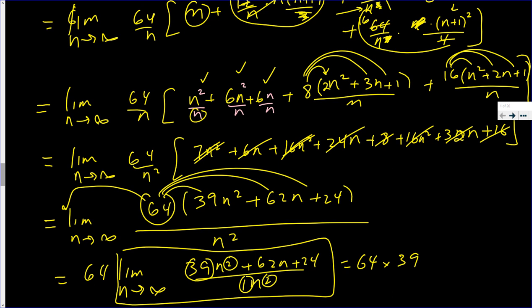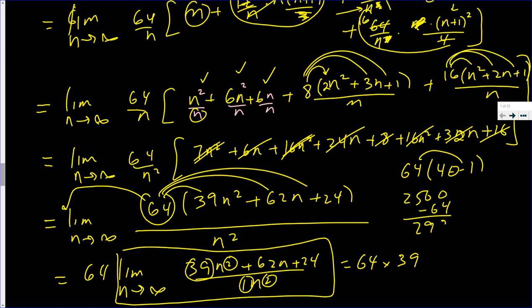And 64 times 39, well, that's 64 times 40 minus 1. 64 times 4 is 256 with the 0. Take away 64.